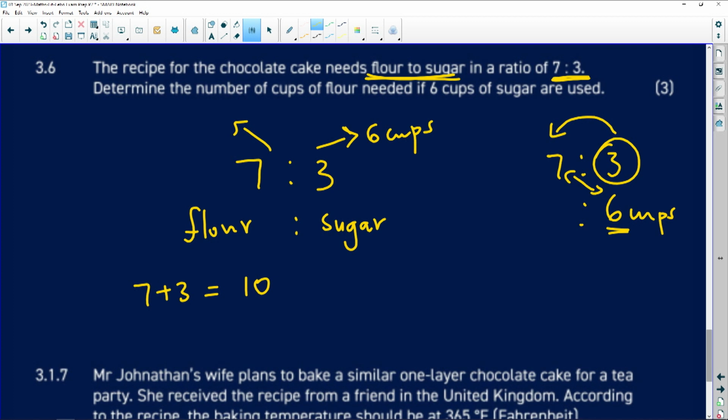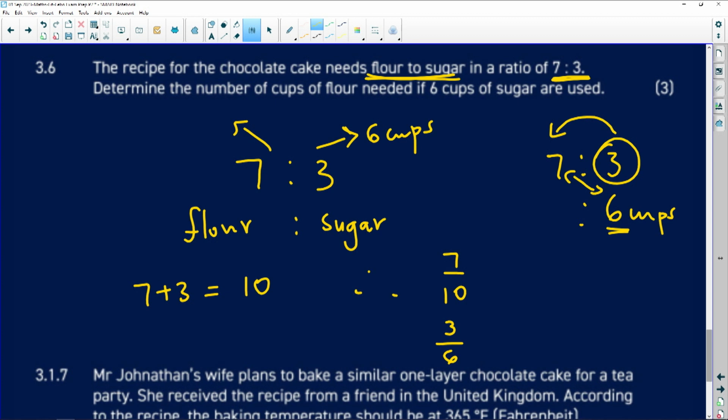When my 10 is my denominator, I know I'm going to work towards it being in that particular ratio. Does it make sense like that? So that's how I'm going to calculate that particular question. Please be careful, because then that becomes 7 over 10, and the other one becomes 3 over 10.